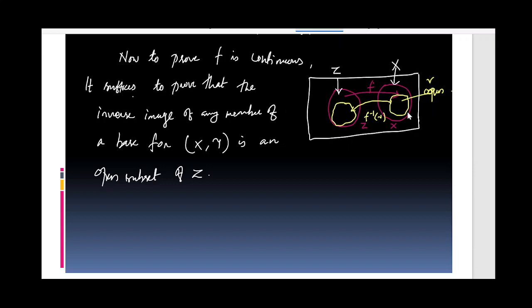In particular we are taking a base element, which is also open. If I find that its inverse image is also open, then any open set can be written as a union of base elements, so the inverse images are all going to be open. So any open set over here I can also express as a union of open sets.